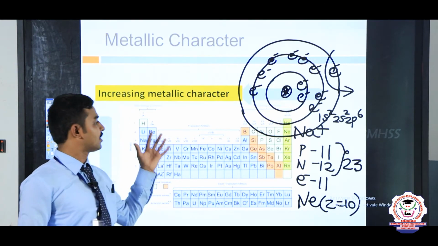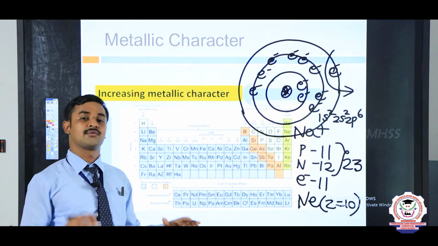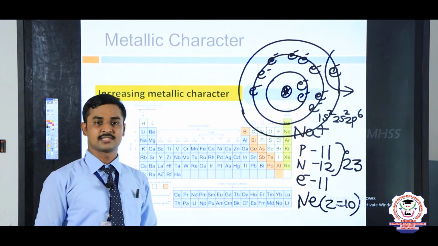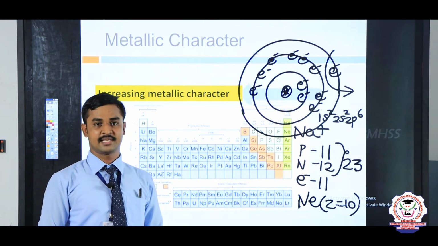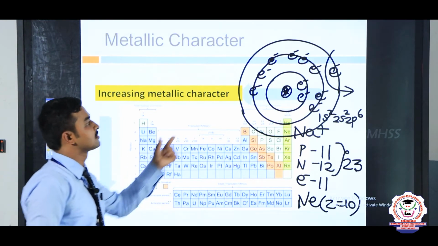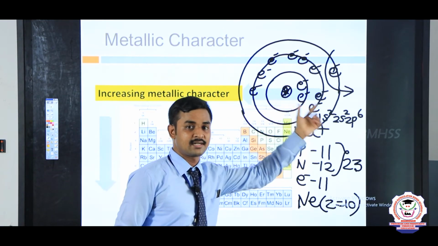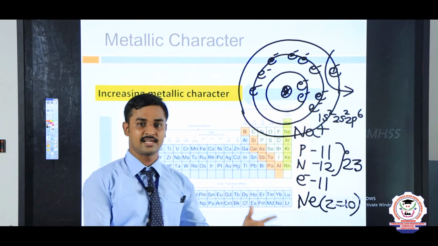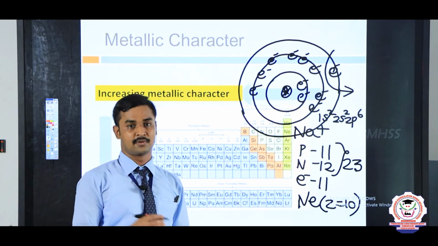So, whenever the atoms donate electrons, they have the metallic character. P block elements contain a variable metallic character. So, the first one is metallic character, and metallic character is the property or tendency to donate the electrons to be involved in chemical bonding.